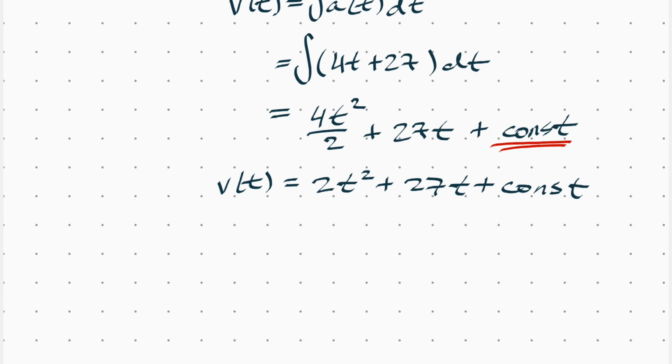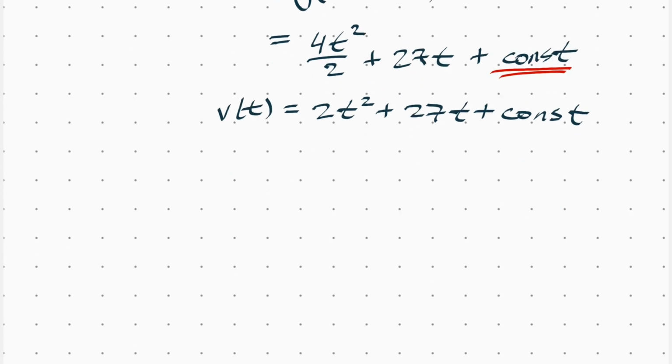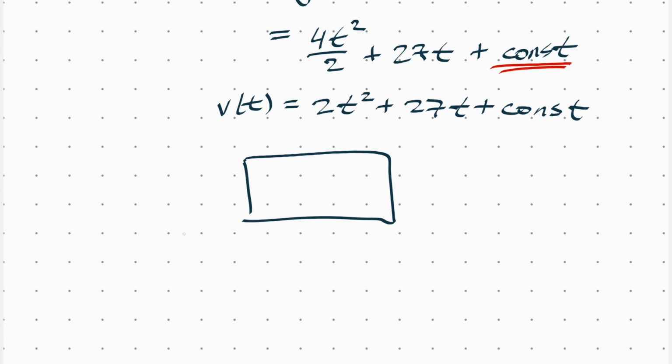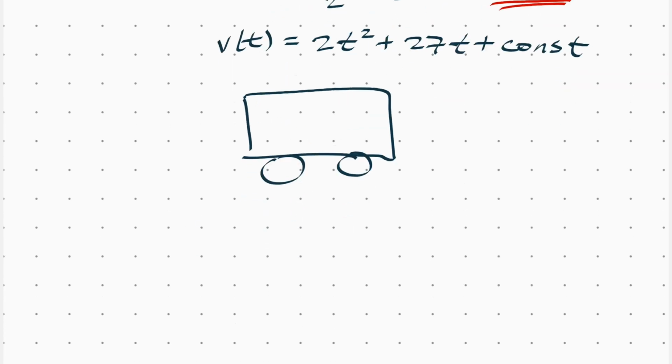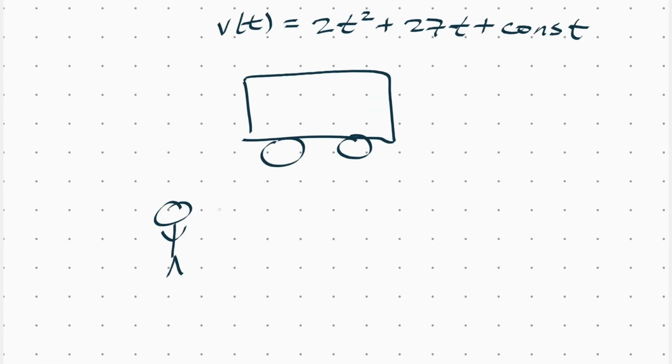And one more word to say about the constant while we're on this topic is that x of t, v of t, and a of t, these are all dependent on the reference frame that you're in. So, for example, suppose that you're driving in some car and somebody on the street sees you and they say that you're going 50 miles per hour.